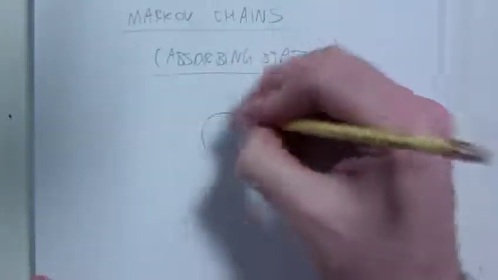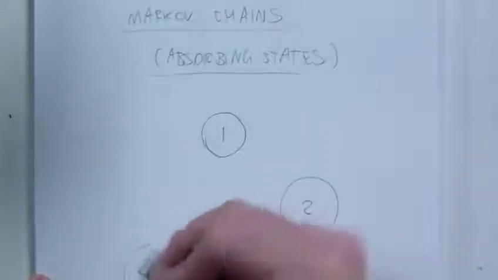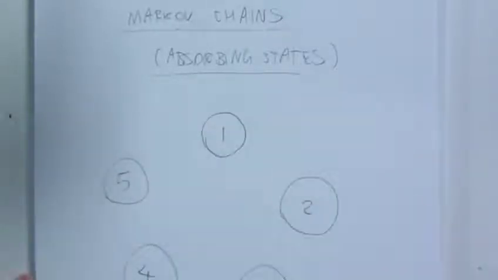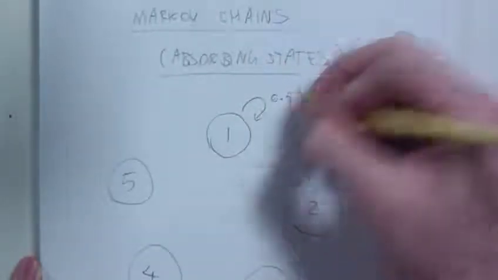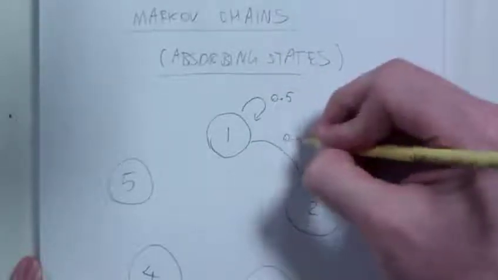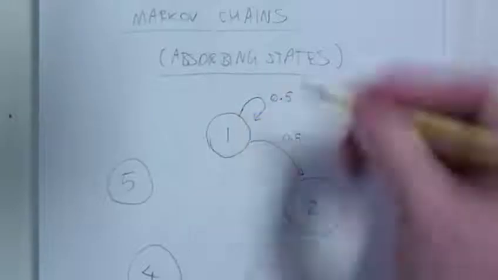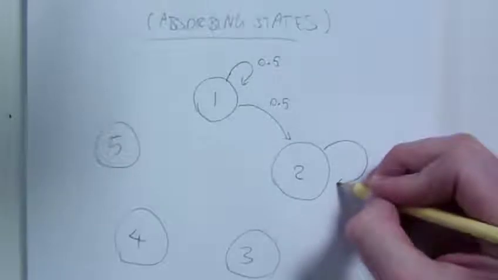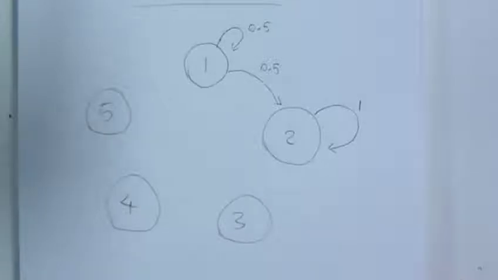So I'm going to do one with 5 states. So these are little places where the ants can live, and maybe from state 1 half the time your ant's going to walk around and back into state 1, and half the time it's going to walk across and end up in state 2, and maybe state 2, the only out path goes back into state 2. And these numbers that I'm writing are probabilities of how likely it is for an ant to end up going down that road.